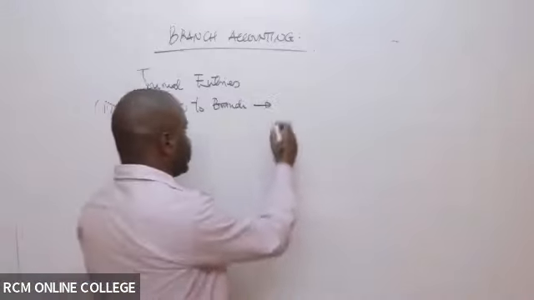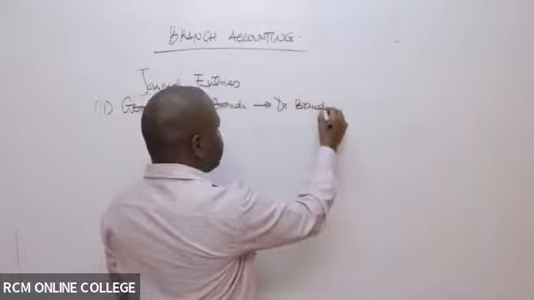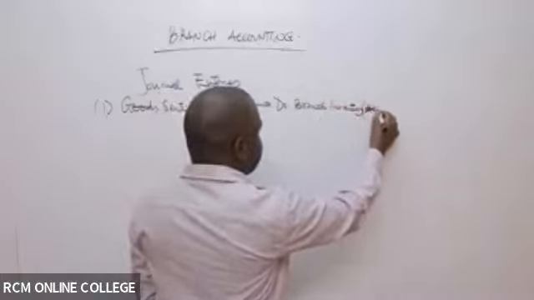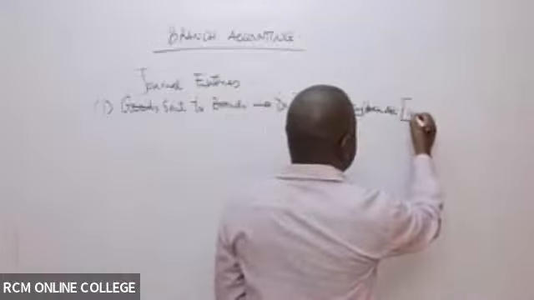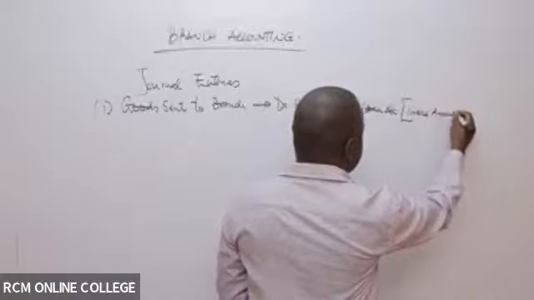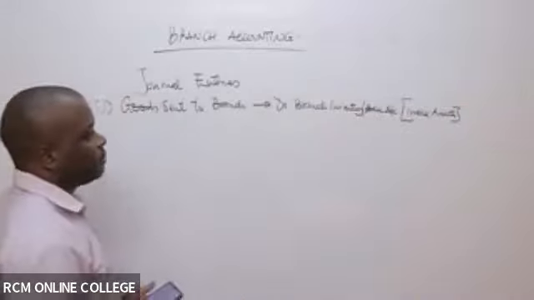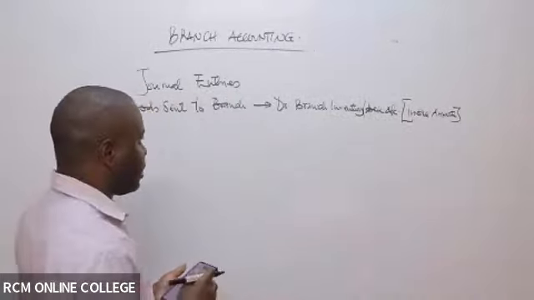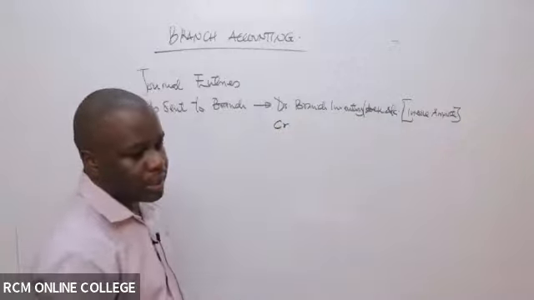In this case, you debit the branch inventory account, which we can call the stock account, with the invoice amount, that is, the invoice that came from the head office. Then you credit the markup account that you'll end up creating.